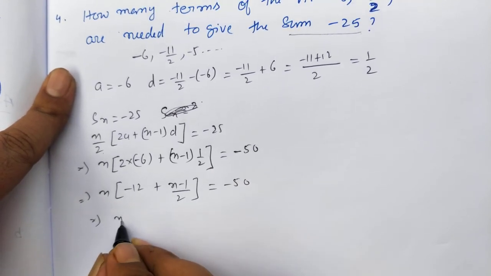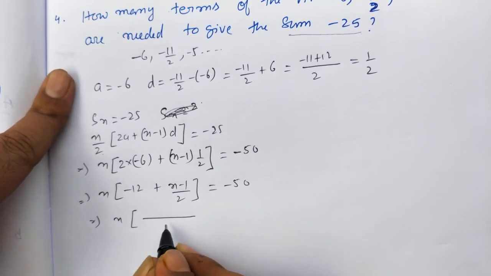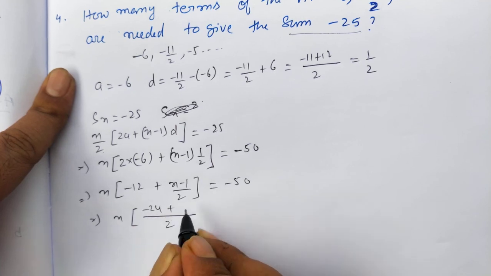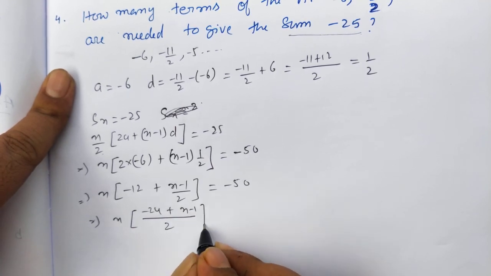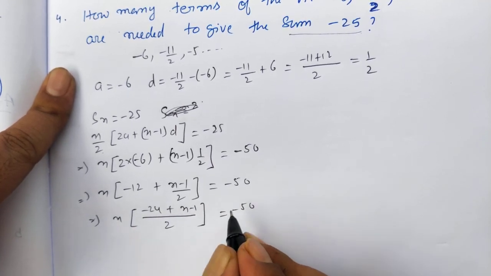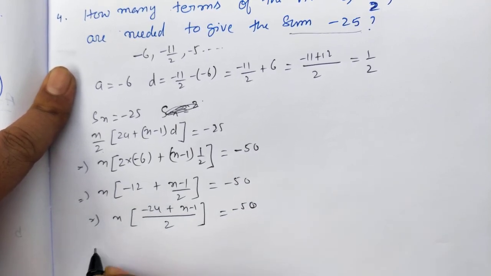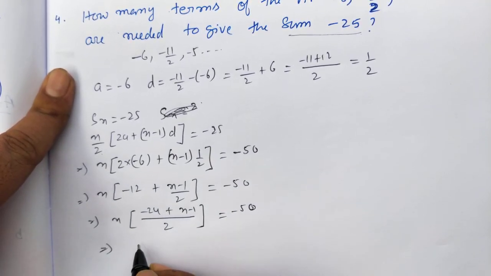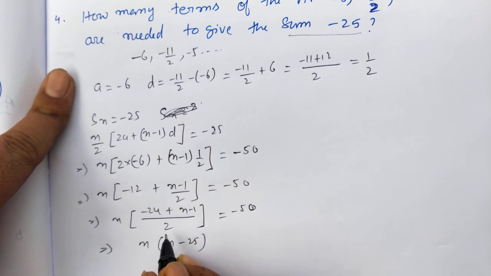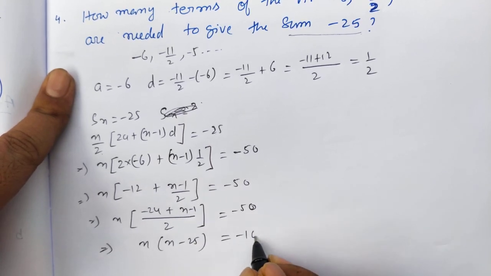Take the LCM again: minus 24 plus n minus 1, so this will be n times (n minus 25). These two will go cross multiply again, minus 100.